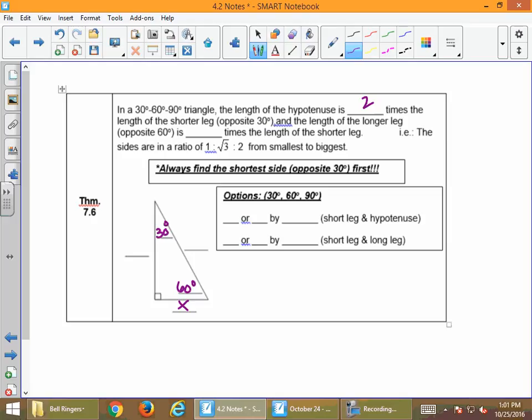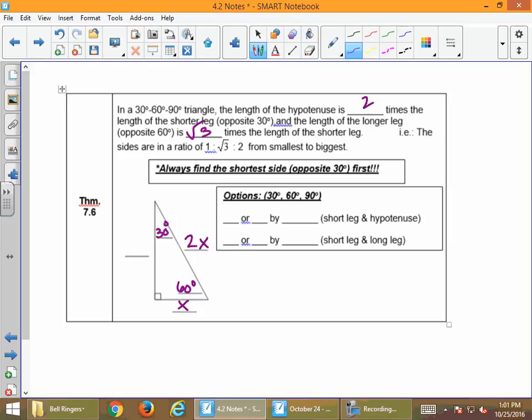The length of the longer leg, which is opposite of the 60, is radical 3 times the length of the shorter leg. So when you have your short leg, to get the hypotenuse, you want to cross from the 90, you just have to multiply whatever that value is by 2.